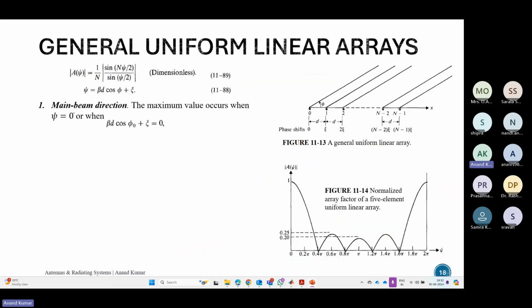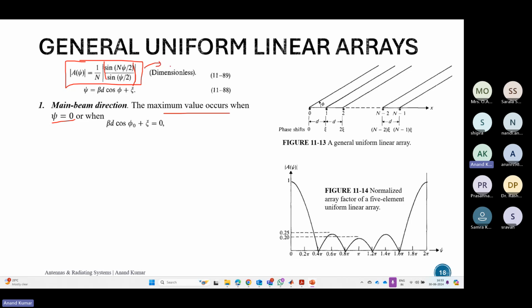So the first one is the main beam direction, and the maximum value occurs when psi is equal to 0. If you look at this pattern function over here, the maximum value is achieved based on this expression inside. And this function achieves its maximum value when psi is 0. You'll just have to take my word for it.